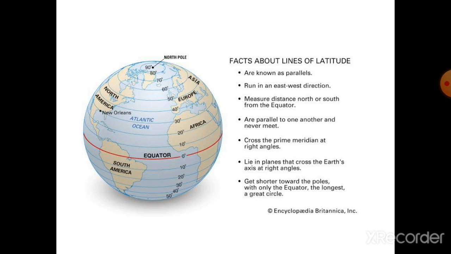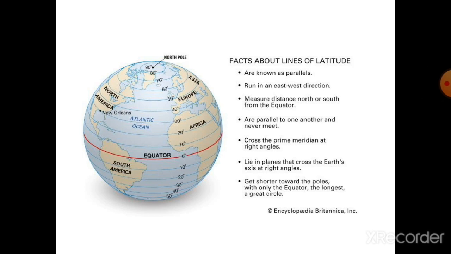These latitudes are parallel to one another and they never meet each other. They cross the prime meridian at right angles. And each lies in a plane that crosses the Earth's axis at right angles.